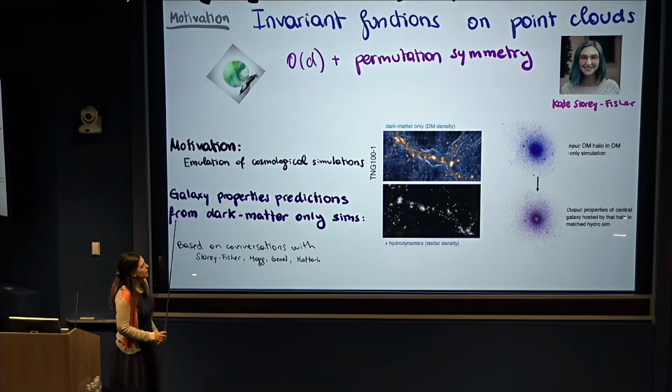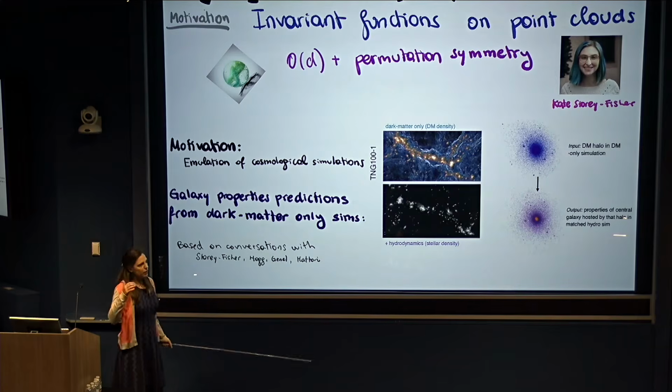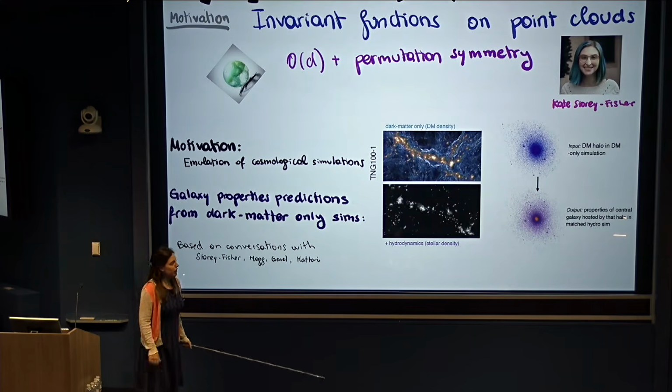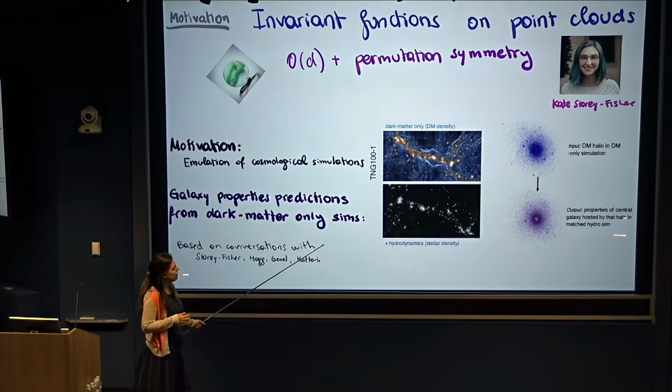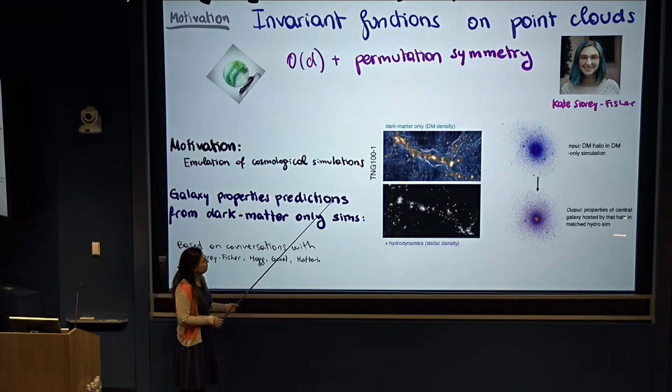In my specific research for these machine learning models on point clouds, I came up with this problem in conversations with astrophysicists at the Flatiron Institute across the street. So they were looking to work on a regression problem on point clouds where they had an expensive simulation.